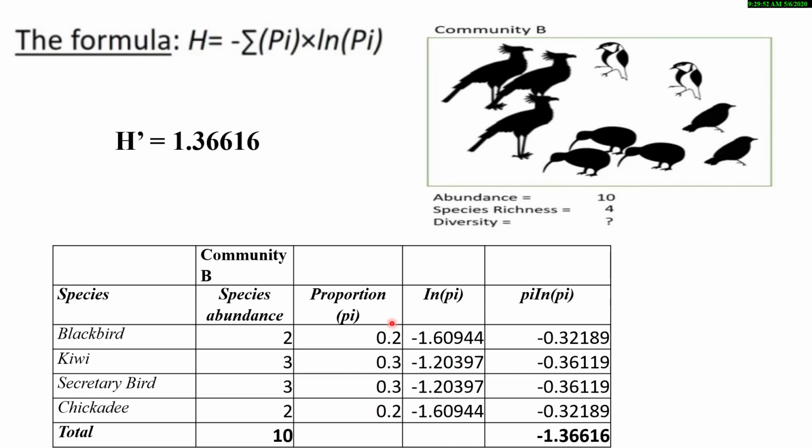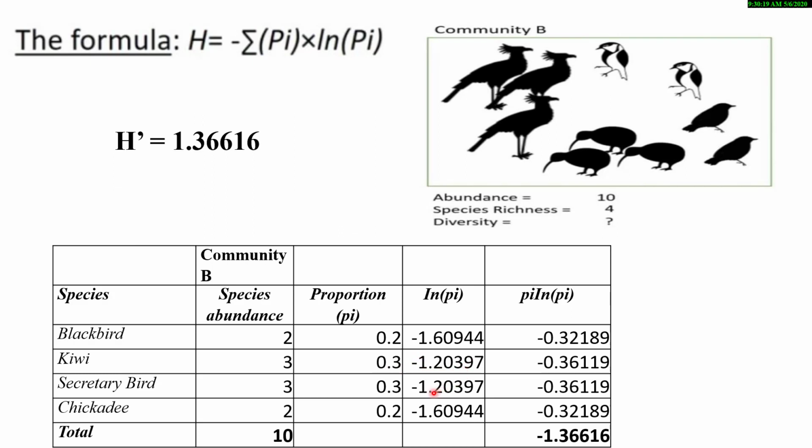You take the natural log of this proportion. The natural log, ln 0.2, will give you minus 1.60944. The natural log of this 0.3 will also give you minus 1.20397.